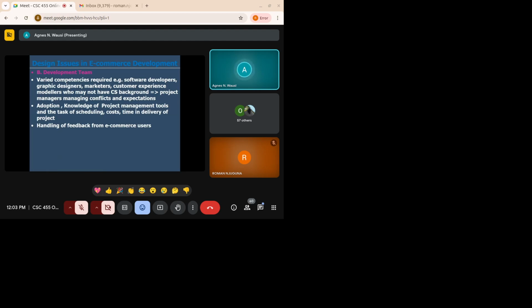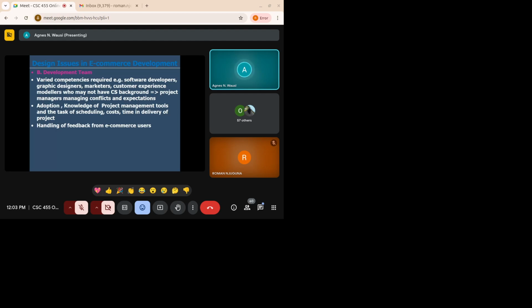Then, of course, the tools that are going to be used in managing the entire project. There are very many different tools out there. We have learned about project management, and we have seen that sometimes in businesses, project management is very important to ensure that you carry out the tasks on time, within the costs, and deliver it functioning well.